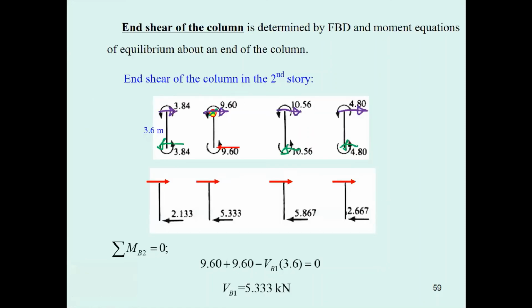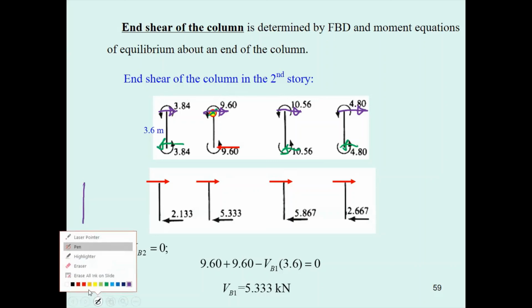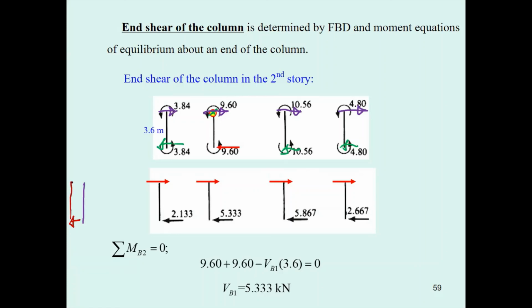Okay, and again it will provide you with the shear diagram with the shape like this, and it will provide you with the moment diagram with the shape like this. Okay, this will guide you, and this is going to be 3.84.